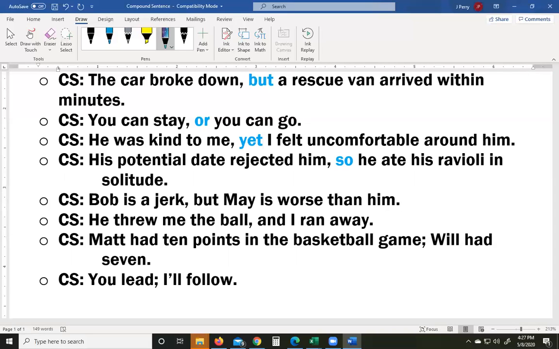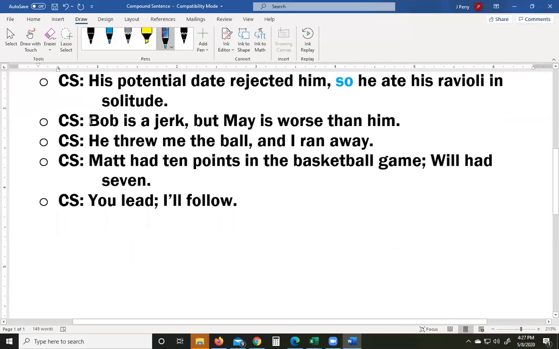Now, with a compound sentence pattern, you can use any of the sentence patterns you just learned. So simple sentence number 1, simple sentence number 2, simple sentence number 3, or 4. And I'll give you an example right here. So Bob is a jerk. That's simple sentence number 2. But May is worse than him.